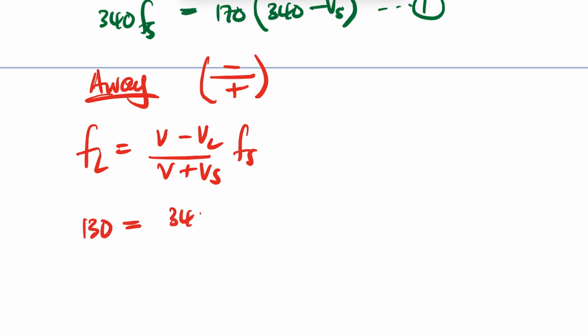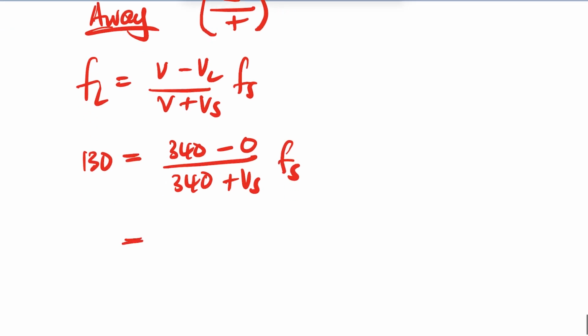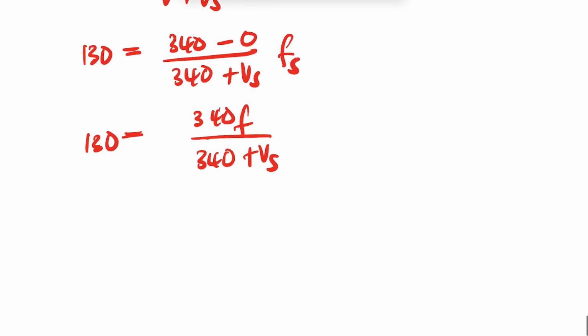So 130 equals the speed of sound, 340, minus the velocity of the listener, which is 0, divided by 340 plus the velocity of the source, which we do not know, times the frequency of the source, which we do not know. So it will be 340 Fs divided by 340 plus Vs, equal to 130.